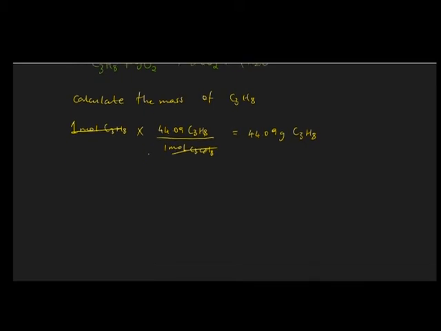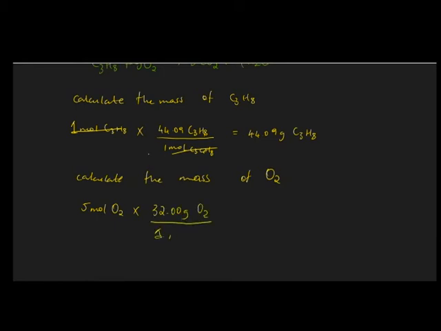Then we go to O2, oxygen. So we're calculating now the mass of oxygen. You've already done this part, just writing it step by step. We say we have 5 moles of oxygen from the given equation, and the mass of each mole of oxygen is 32 grams.